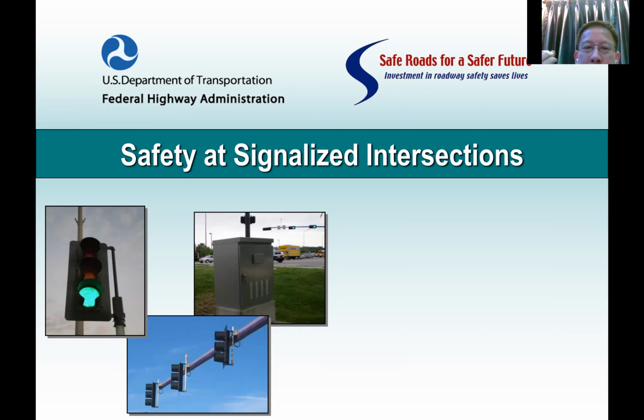But somehow there may be some variation anyway at the intersection. The key is how you minimize those and how you minimize the possibility of an accident or crashes. This slide will show that.